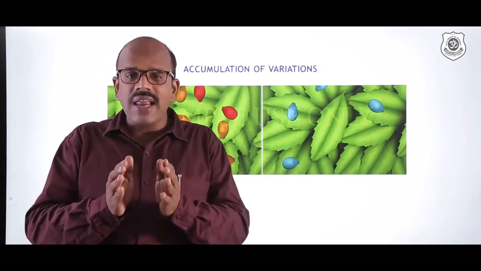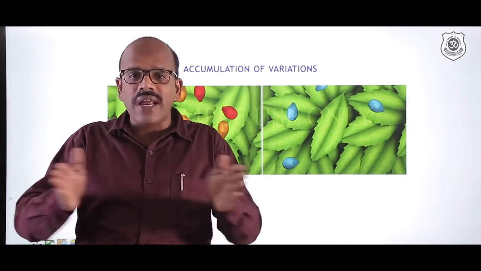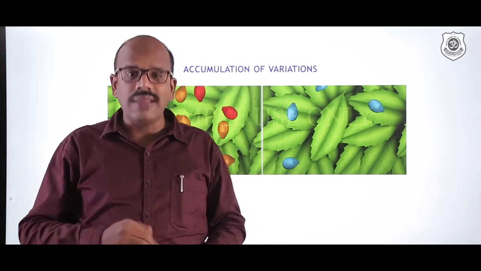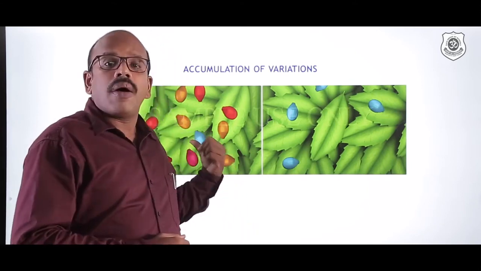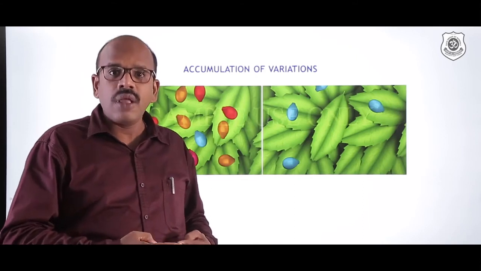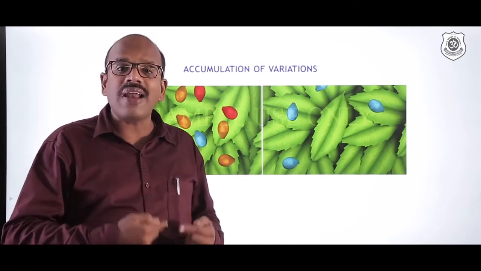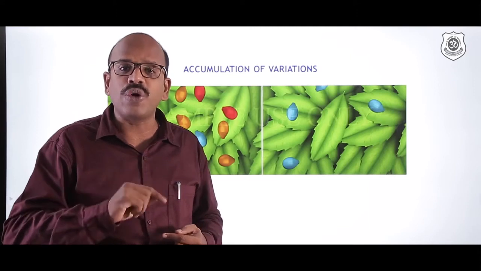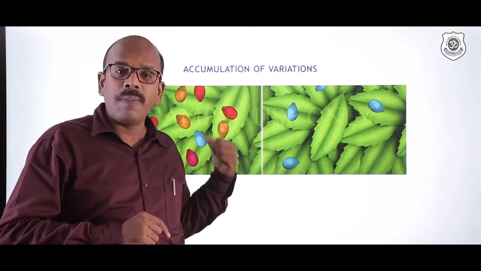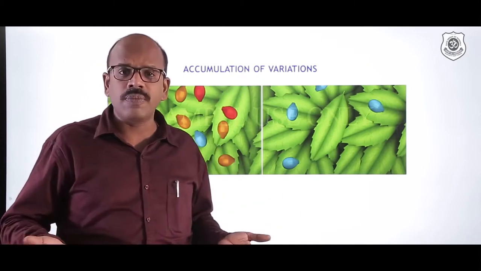When the area between the two gets segregated to a larger extent, then when this population starts breeding among themselves, new variation can occur in other characters also. We have seen here with respect to color, but the beetle has a lot of characters.